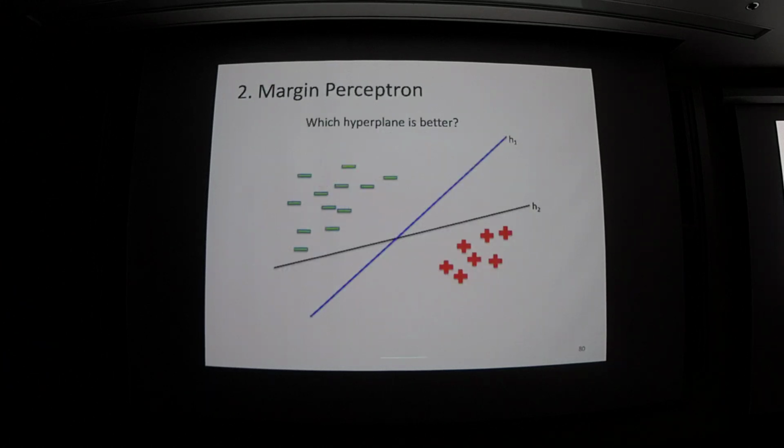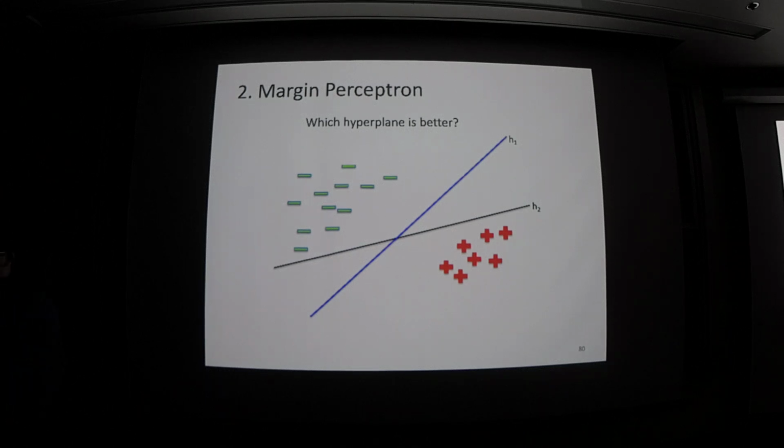So in the last minute, I want to discuss with you an important concept. Suppose I have two sets of examples, positive and negative, and of course, because they are linearly separable, I have many choices of hyperplanes. I want to ask you, which hyperplane do you think is better? One.